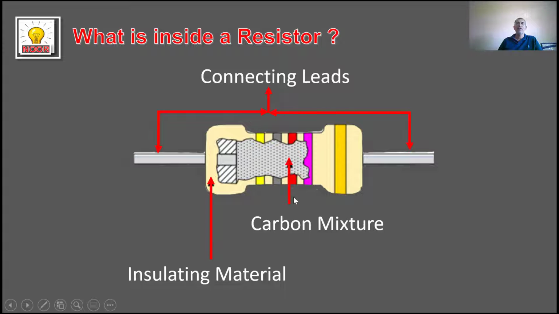And then inside, this is one type of resistor which is made of a carbon mixture. This carbon mixture or carbon film makes it really difficult for the current to flow. Okay, some resistors have some type of coating, but anyway, the resistor just makes it hard for the current to flow. Okay, that's what a resistor is.